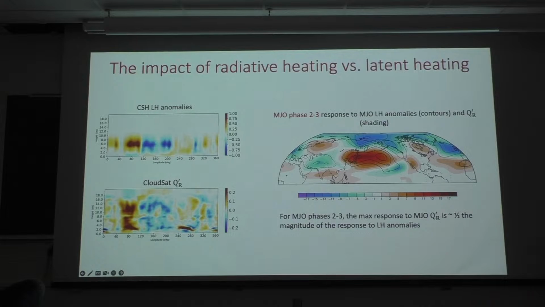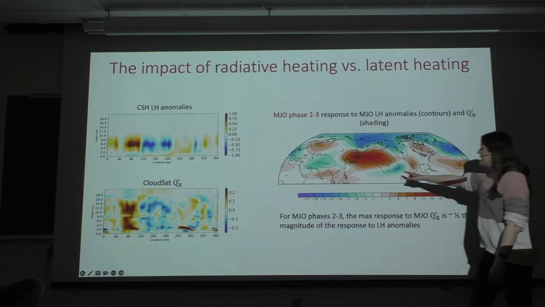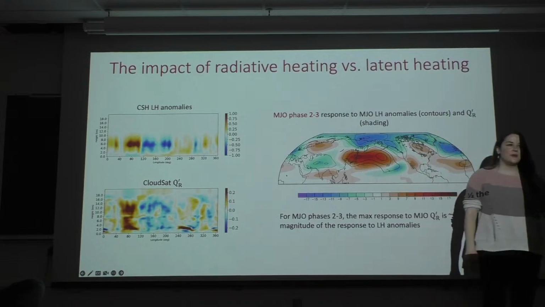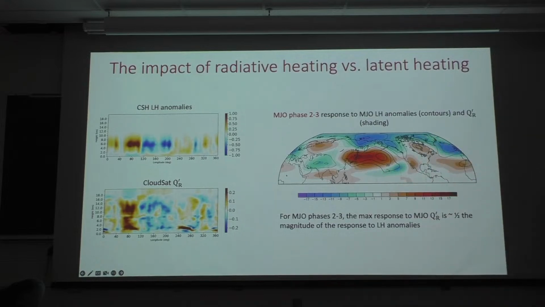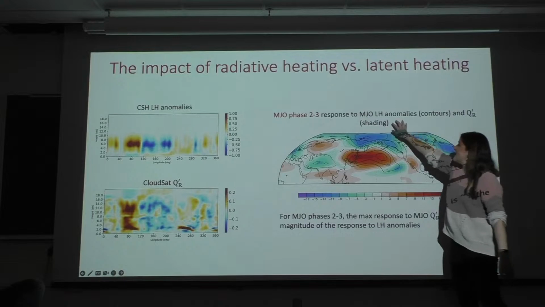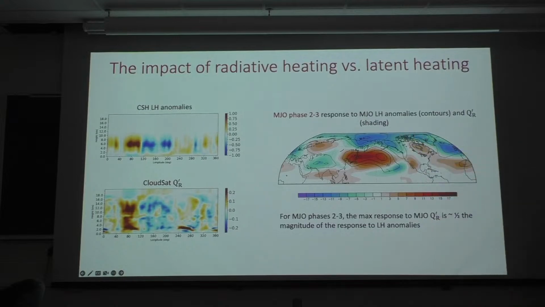What you're going to be seeing are anomalies in the 500 millibar geopotential height. So what you see here, in the black contours, is the 500 millibar geopotential height response to MJO latent heating anomalies for MJO phases 2 and 3.